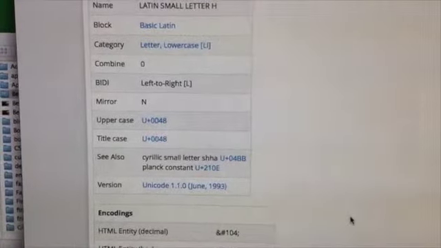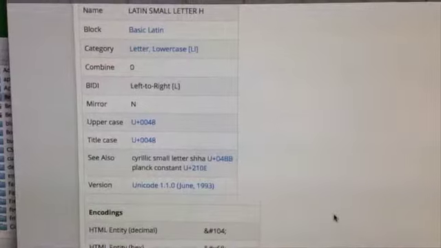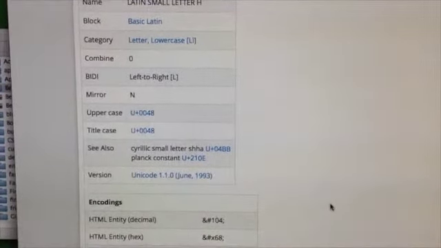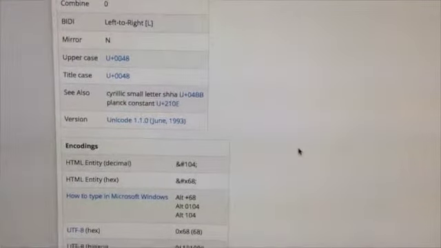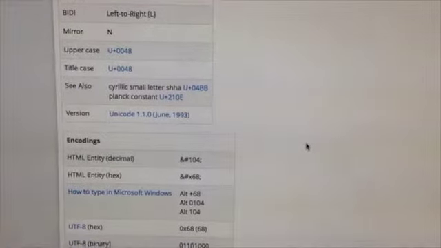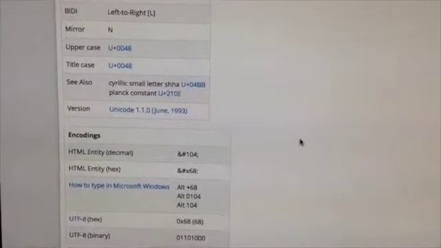Here's another example of some sequences. I'm looking at a computer, an internet page. I did a search on Unicode for the letter H. So when the letter H is encoded in a web page that uses Unicode, it thinks of letter H as the sequence 0048, or the integer 48.